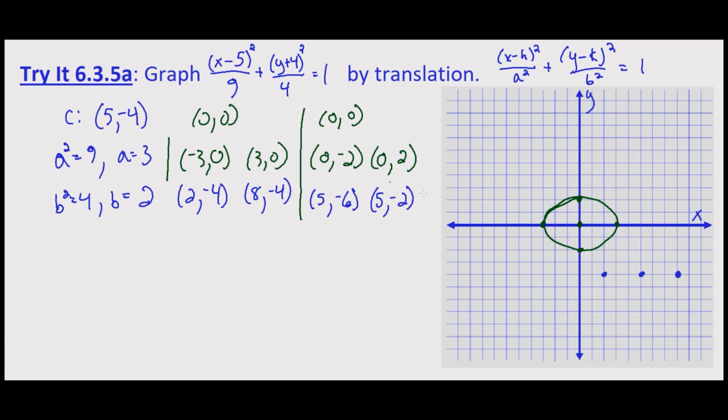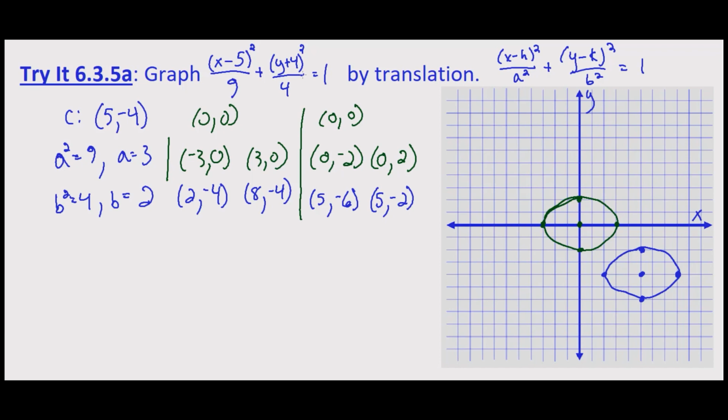And 2 minus 4 is negative 2. So we can plot those two vertices as well: (5, negative 6) and (5, negative 2). And then we can go ahead and connect the dots to graph our translated ellipse.